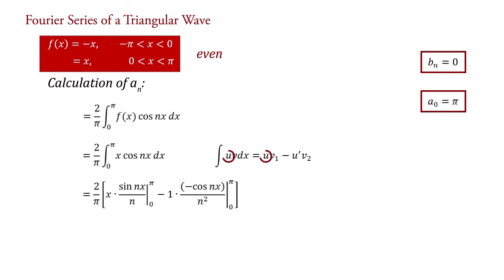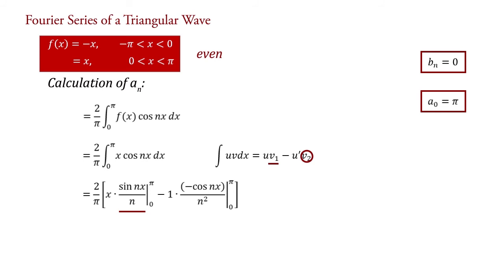Here u is x, so we put x; v1 is the integration of cos nx, so we put sin nx upon n with limit 0 to pi; minus u dash, that is the differentiation of x, which is 1, so we put 1 into bracket v2, that is the integration of v1, that is sin nx upon n.